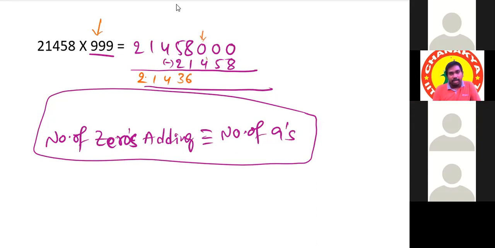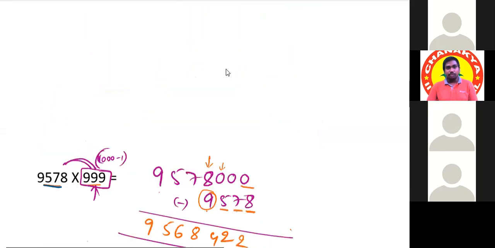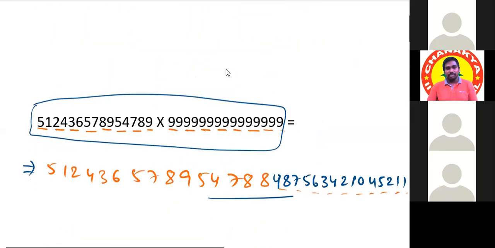Then 9 minus 5 is 4, 9 minus 4 is 5, 10 minus 8 is 2. Yes, because it's actually like the distributive property, 21458 multiplied by 1000 minus 1. Yes, we are doing that only, but we are escaping this extra step in these two cases.